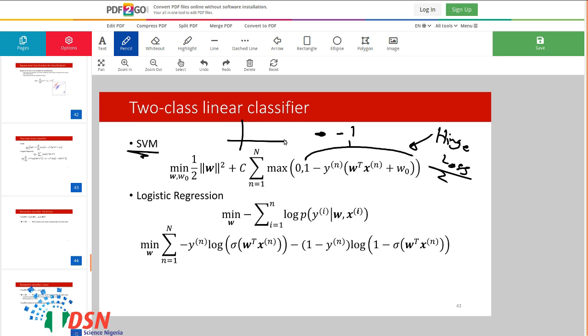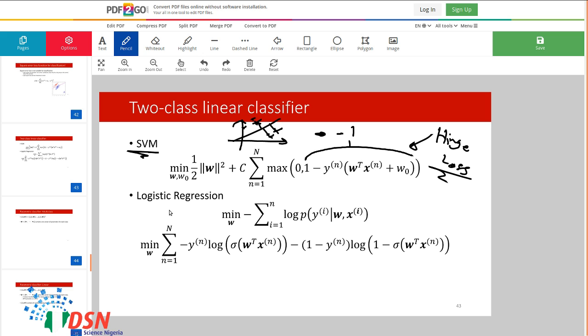We actually saw in the SVM itself that we want to have some kind of margin to separate two classes.